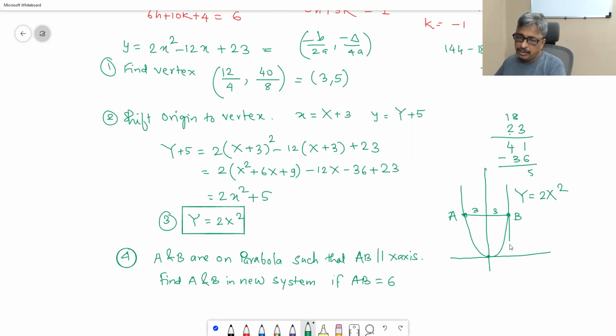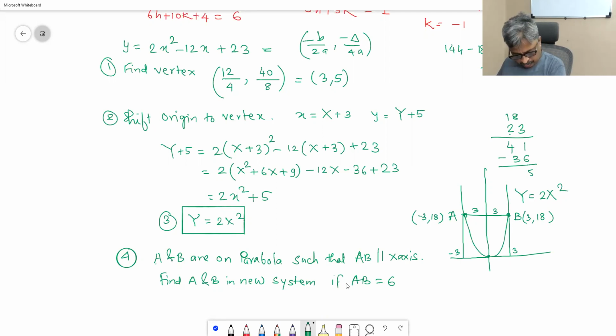So the x coordinate of B is going to be 3 and the x coordinate of A is going to be minus 3. So if the x coordinate of B is 3, then the y coordinate is 18, so this is 3 comma 18 and this is minus 3 comma 18. So these are the two coordinates of A and B in the new system.